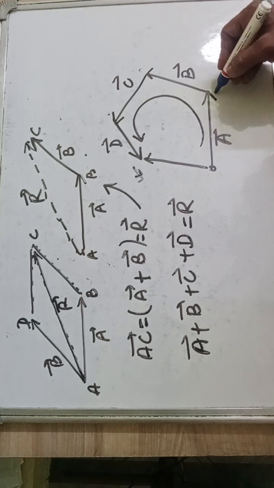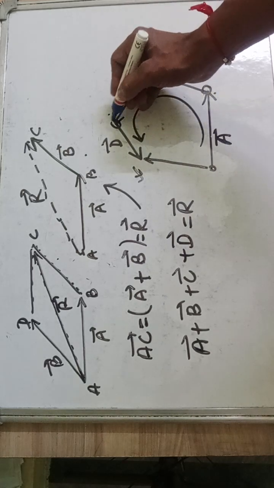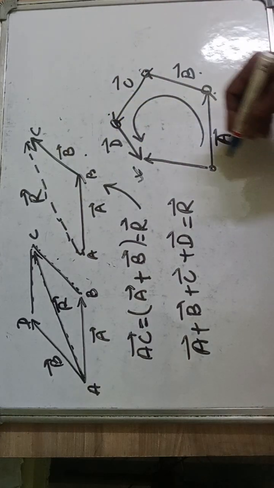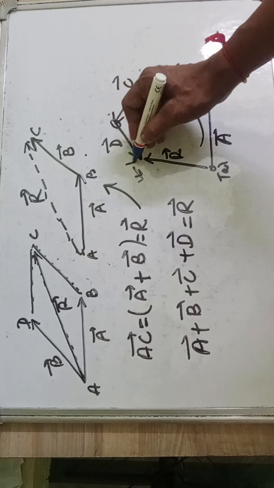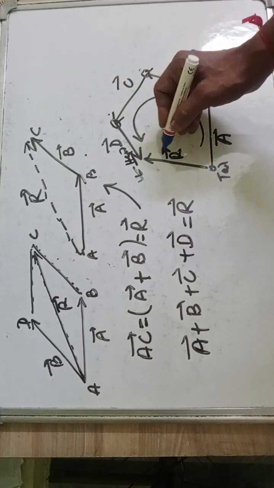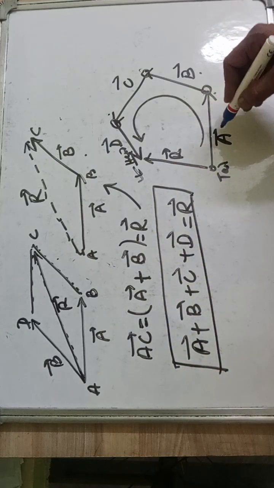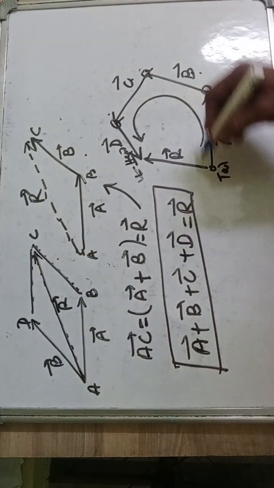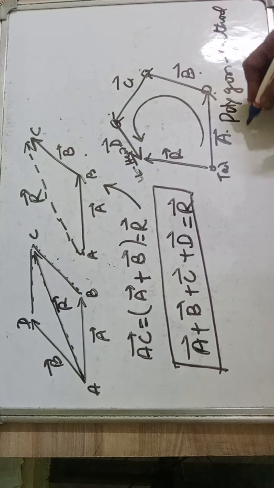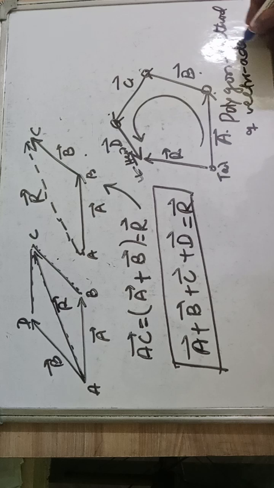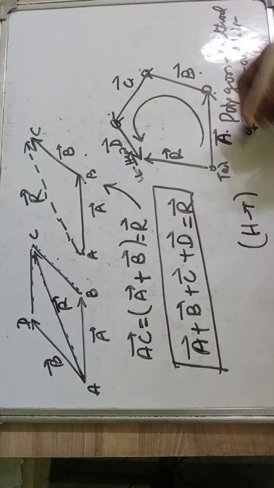That means head of A is connected to tail of B, head of B is connected to tail of C, head of C is connected to tail of D. Now the resultant vector will be obtained by joining tail of A and head of the last vector, that is D. This is suppose R. R will be the resultant vector of addition of these vectors A, B, C and D. This is termed as polygon method of vector addition. This is head-tail joining method.